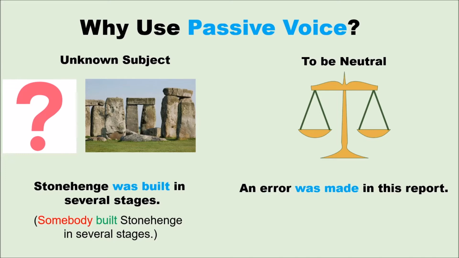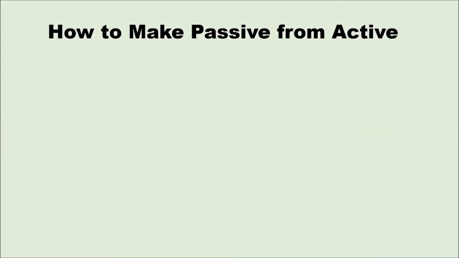If you put the subject in the active sentence, you would be naming someone directly. Bruce made an error in this report. Maybe you're not quite sure if it was Bruce or not, or maybe there was some other circumstance that caused the error. So instead of blaming Bruce, you can use the passive voice. An error was made in this report. It sounds more neutral.